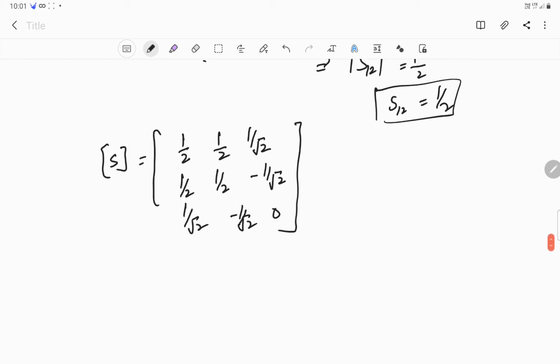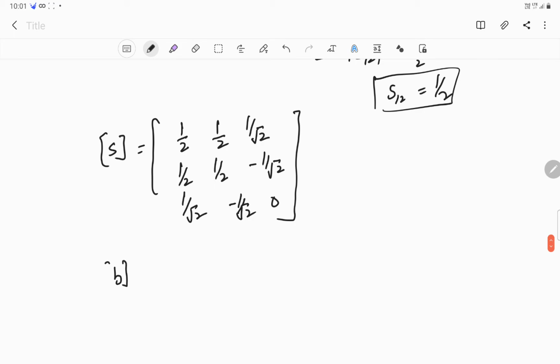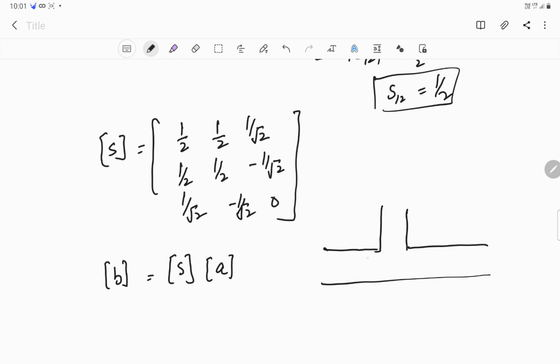We know that the reflected waves B are related to the incident waves A by this relation. If this is our E plane T junction, this is port 1, this is port 2, this is port 3.